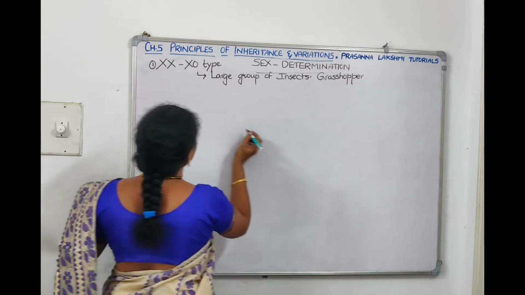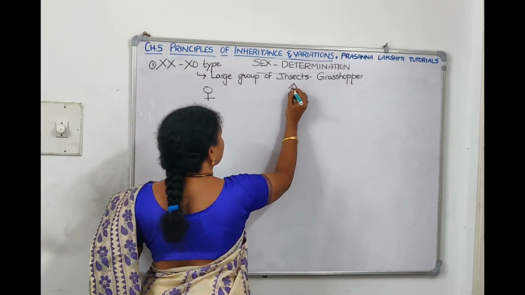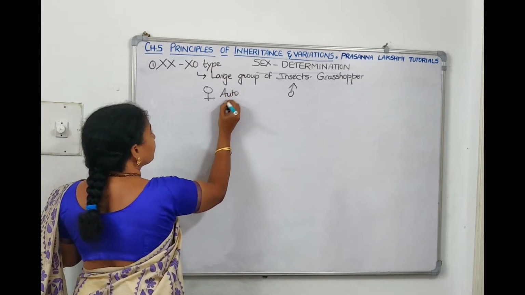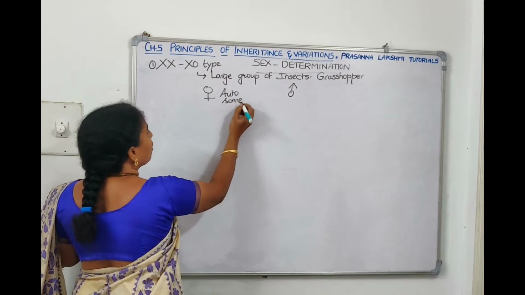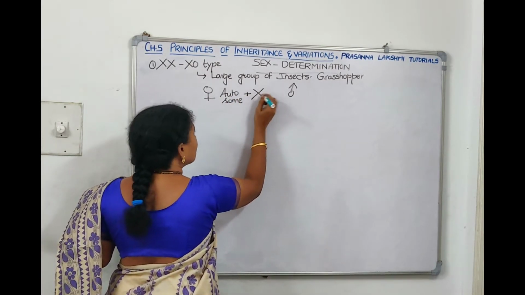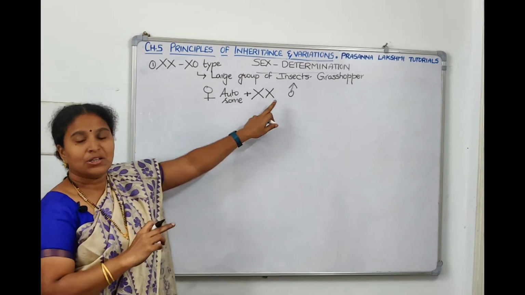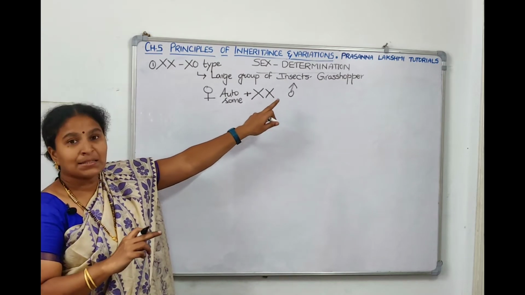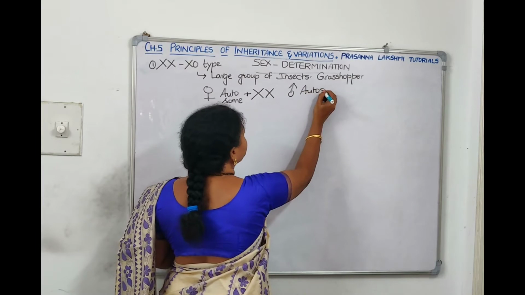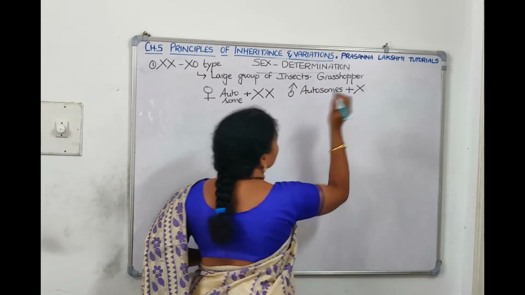Now here, if you see the female insect and the male insect, the female insect along with the autosomes bears an additional X chromosome. So it has one X chromosome and an additional X chromosome, whereas the male insect along with the autosomes will have only one X chromosome.